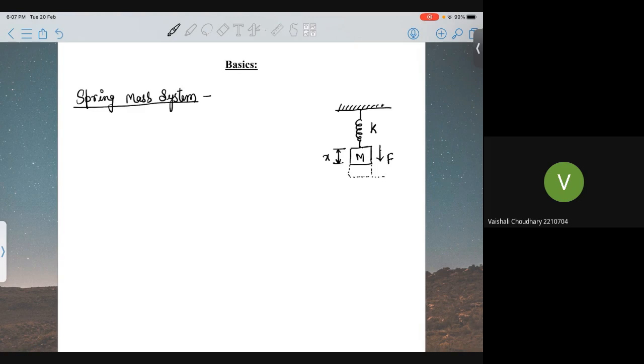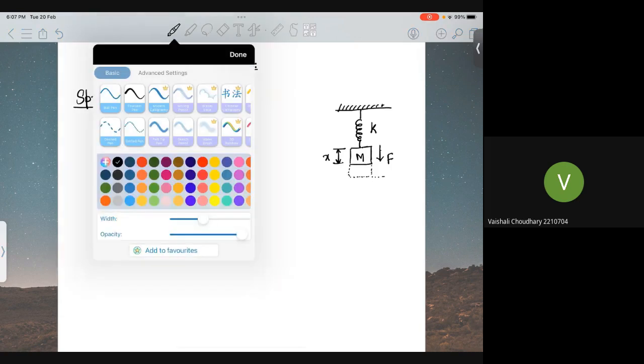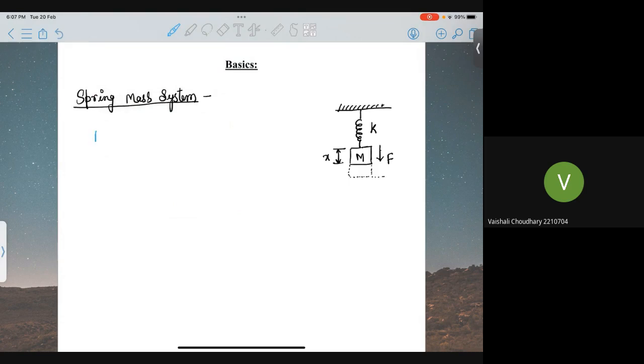Now we know that for a spring mass system, force is spring constant times x, where x is the displacement and k is the spring constant, right?